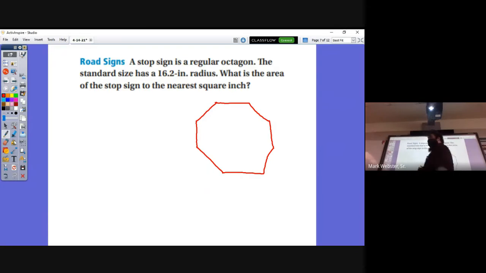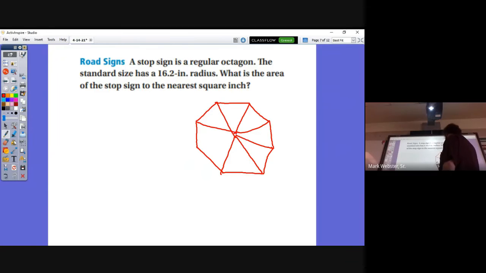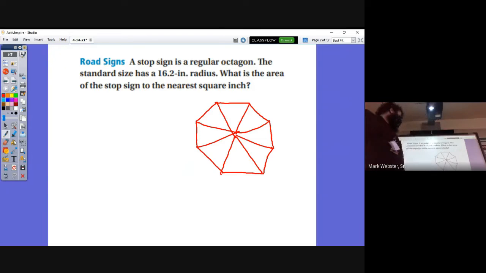How many triangles are there in this octagon? 8, right? You go from the center. We make the little umbrella corp symbol, right? We know that the radius is 16.2.